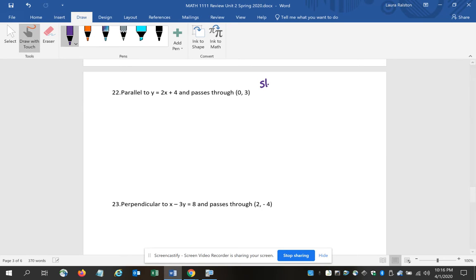Not only do you need the slope, you specifically need the parallel slope. You need a point, and you need point slope, which is y equals m times (x minus x1) plus y1.